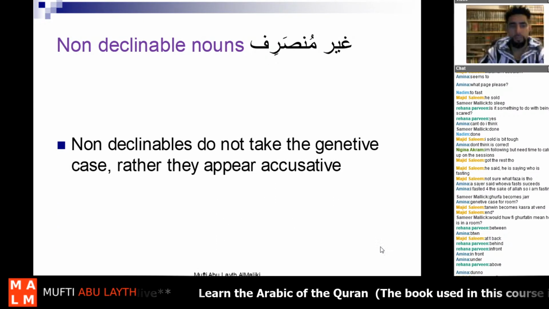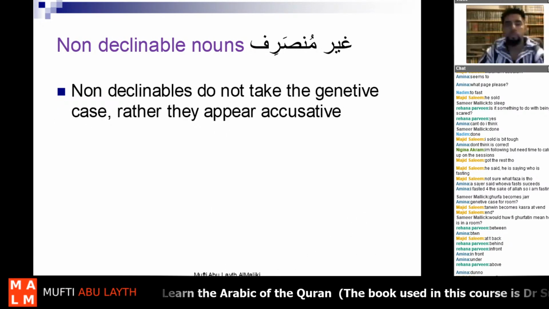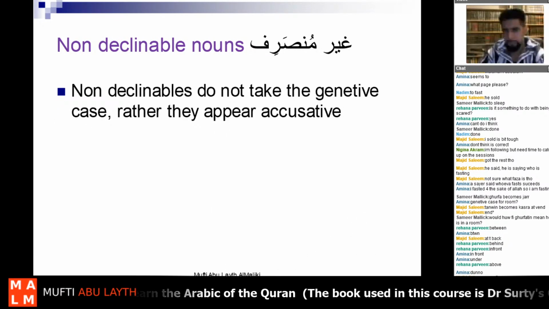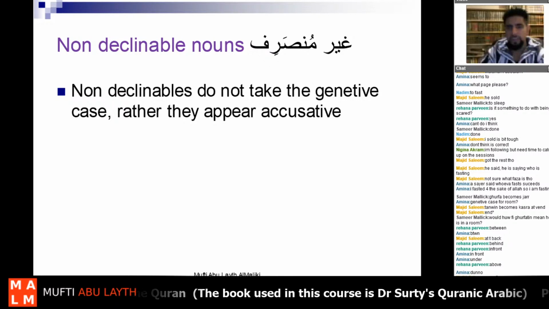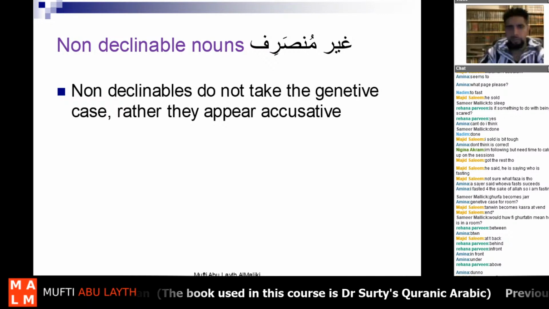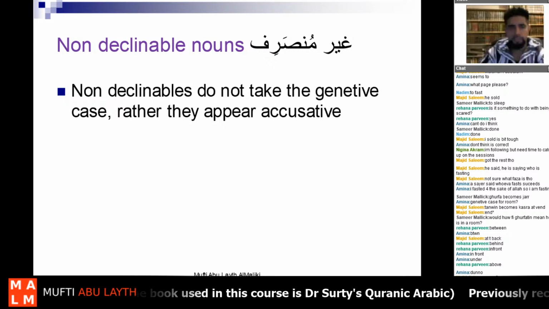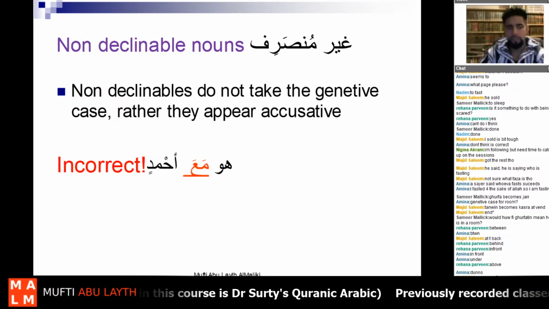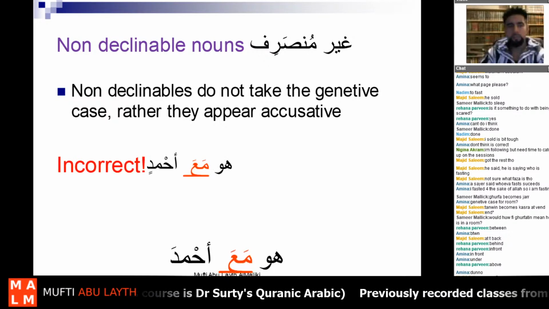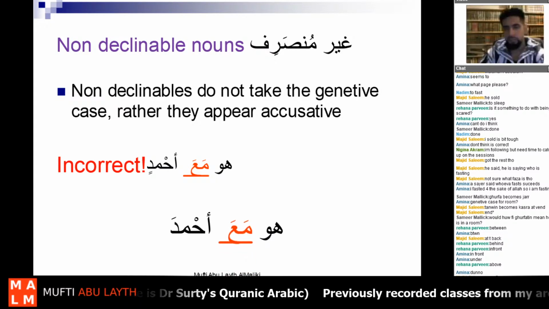The interesting thing about non-declinable nouns, they do not take the genitive case. This is why we actually call them non-declinable. Rather, they appear accusative. So the example is, if I said he is with Ahmad, you would say huwa ma'a Ahmadin.